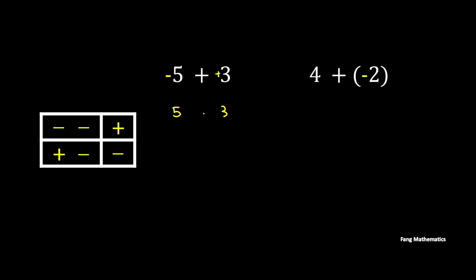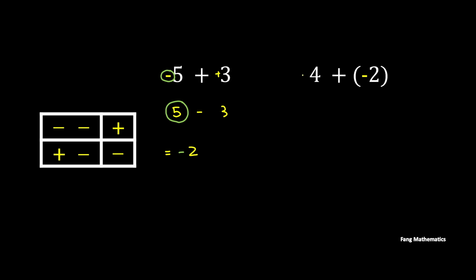So 5 minus 3 gets you 2. And now we are to look at the bigger number. So 5 is the bigger number here. And then we are to look at the sign that is attached to 5. So minus sign attached to 5, so we are to attach a minus sign to our final solution.